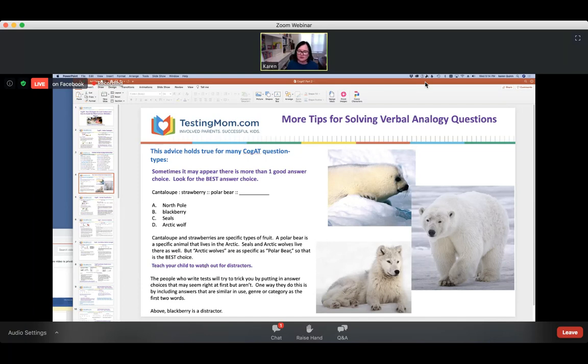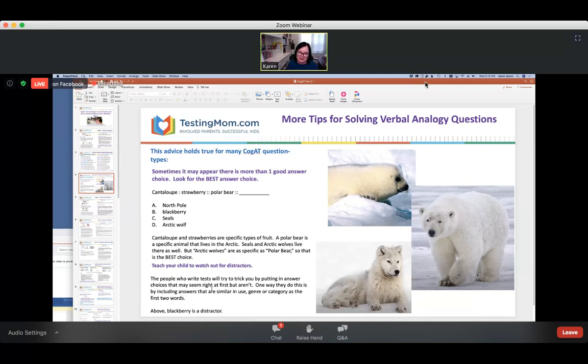The other thing you want to tell your child to watch out for in all of these questions is something called distractors. And the way that I usually explain it to kids is that anybody who writes these different tests, they try to trick you by putting answers in that may seem right at first glance, but if you really look at it, you realize they're wrong.